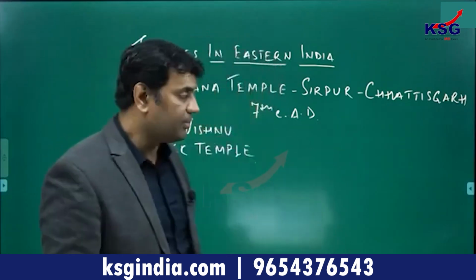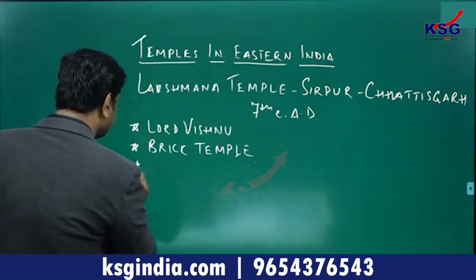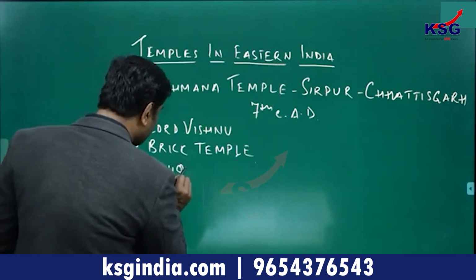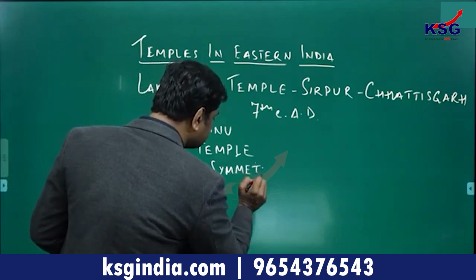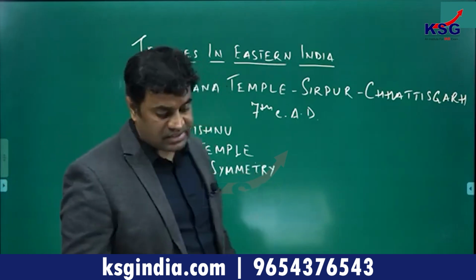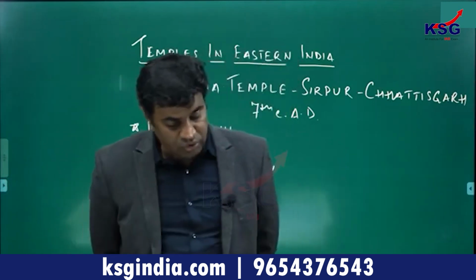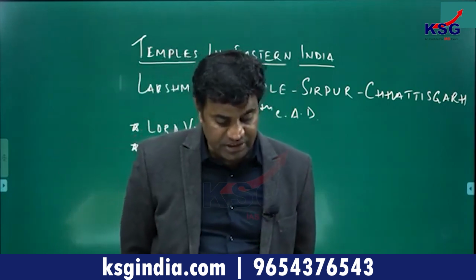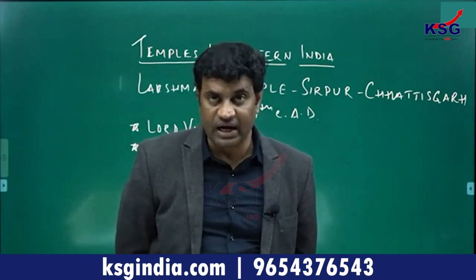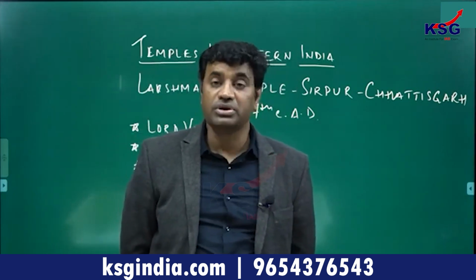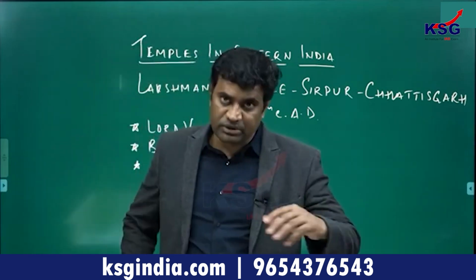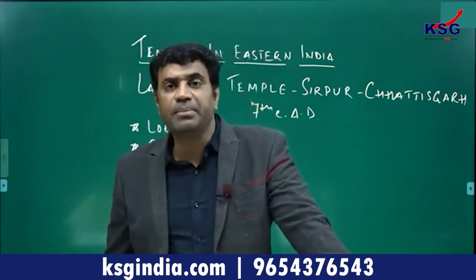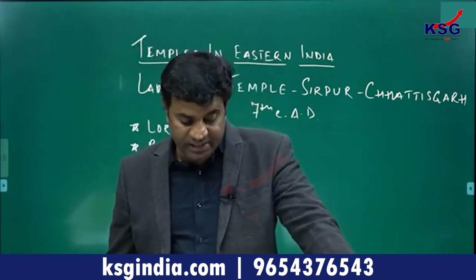And this temple is marked by unique symmetry. Unique symmetry is the distinct feature, and this site is also marked by Buddhist vihara. So some Buddhist viharas also located within or around the premises of Sirpur temple or Lakshman temple at Chhattisgarh.